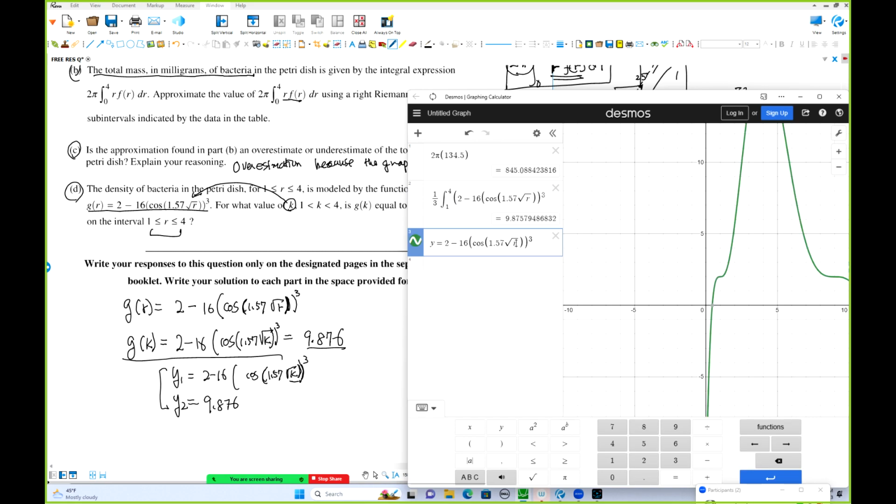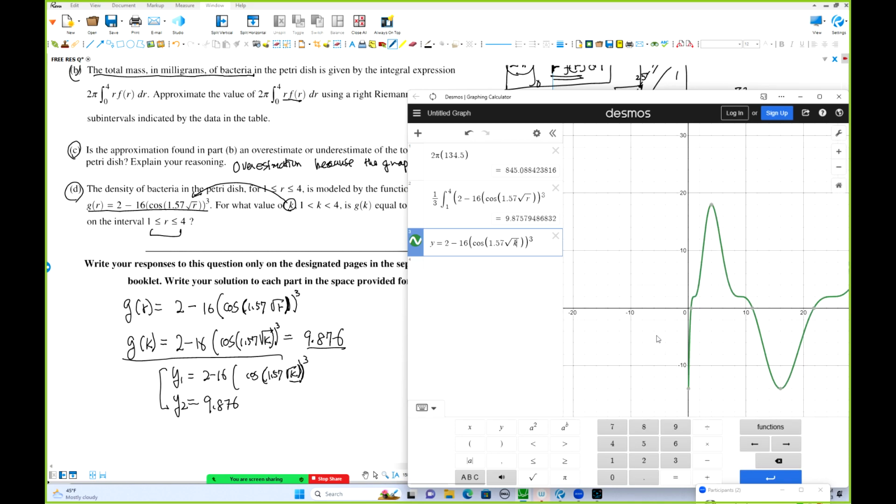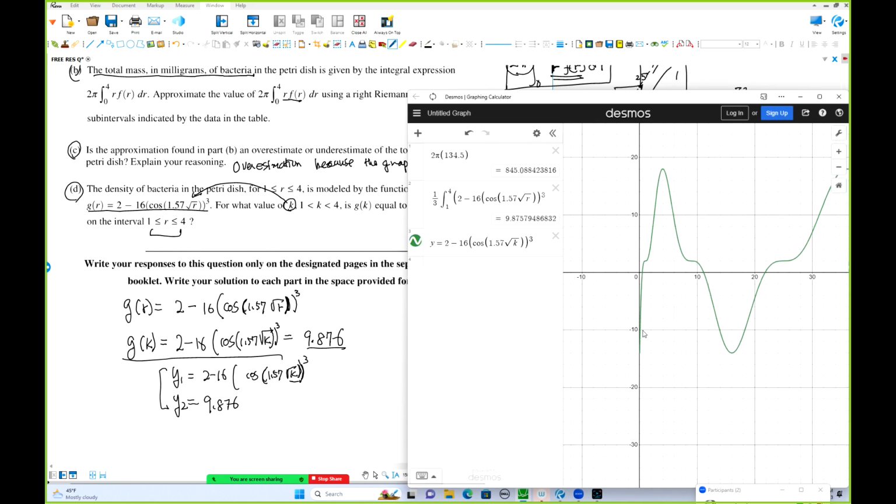Yeah, but I'm going to take this as a k, because we replace it with a k. It doesn't matter anyway. The graph is this one. Very weird, right? Wow.